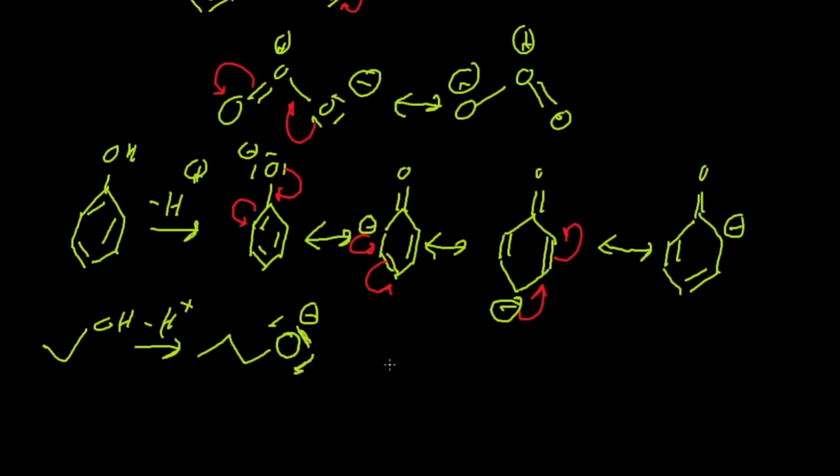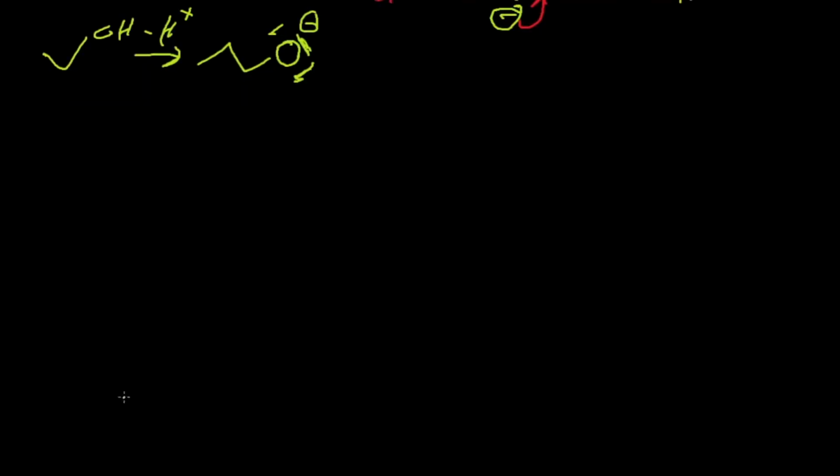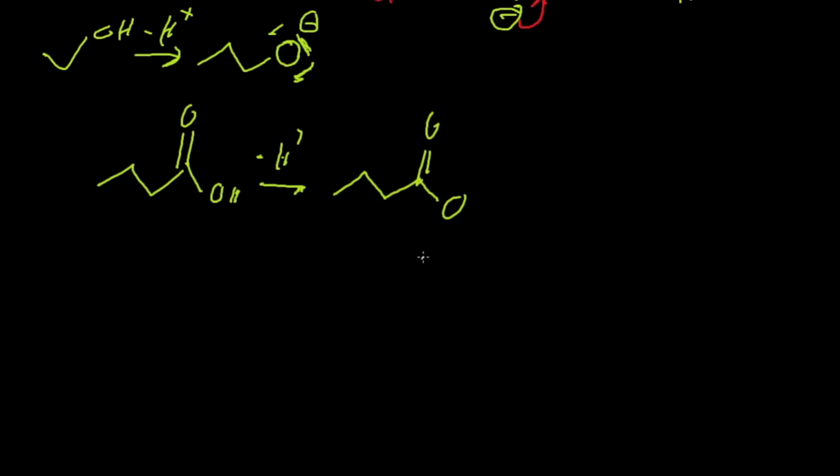A nice tip for drawing resonance structures is to always use the Lewis structures. If you, for instance, look at an acid like this, and just like before, we remove the H plus on the alcohol, which will leave this ion, the minus charge here.